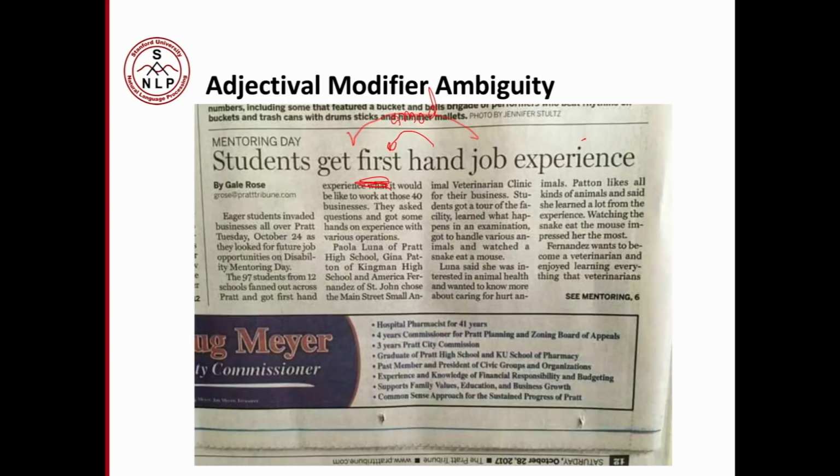So first-hand is a modifier of experience, and job is also a modifier of experience, and then we have the same kind of subject, object reading on that one. But unfortunately, this sentence has a different reading where you change the modification relationships, and it's the first experience, and it goes like this.